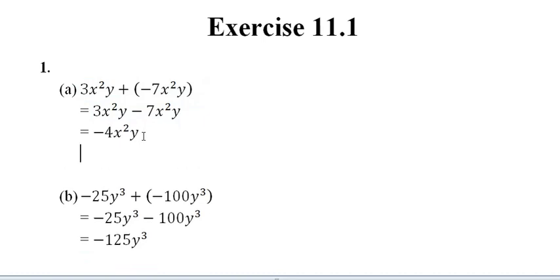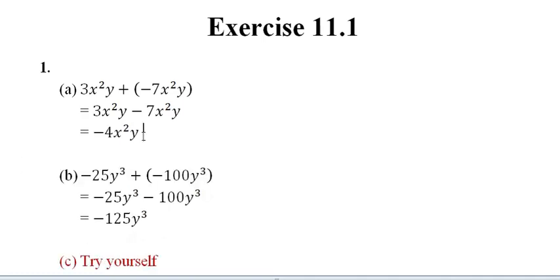We learned in the chapter on integers that when two different signs are there, we multiply them: plus into minus is minus, minus into plus is minus, plus into plus is plus, and minus into minus is also plus. Here we have plus into minus, so it will be minus, and then we write 3x square y minus 7x square y.